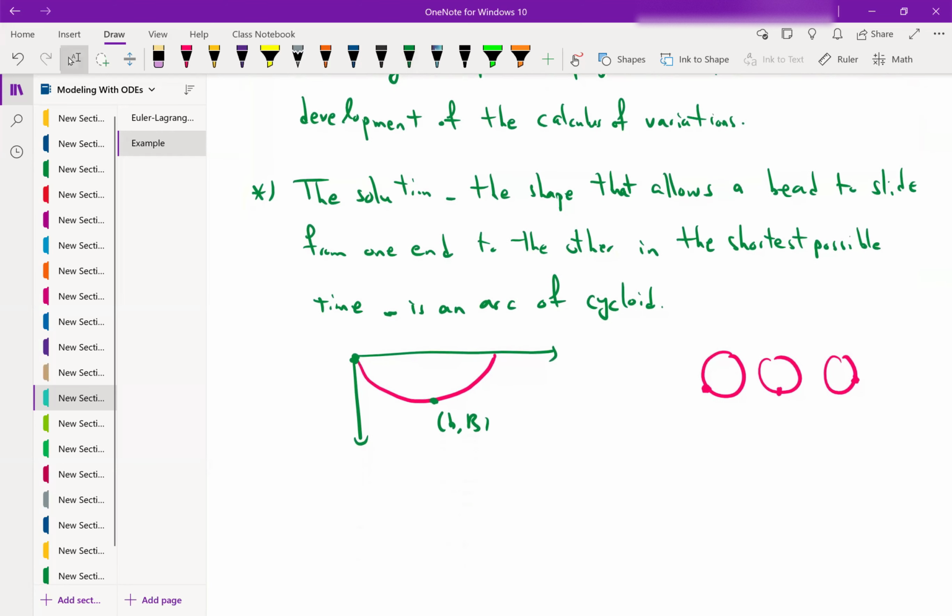And also one quick comment about the name of this problem. I called this problem the Brachistochrone problem. And let me make a comment about this.